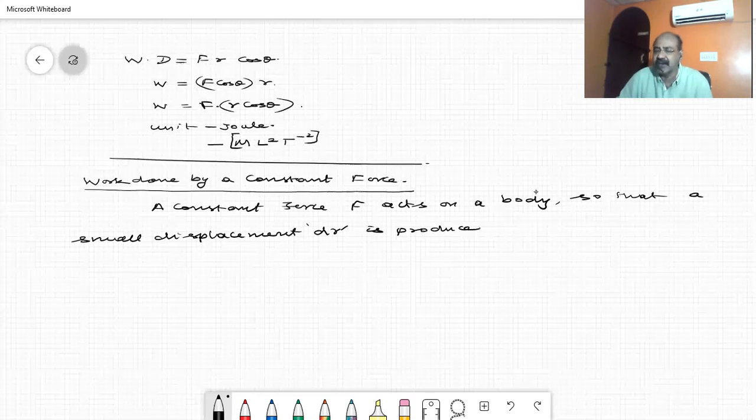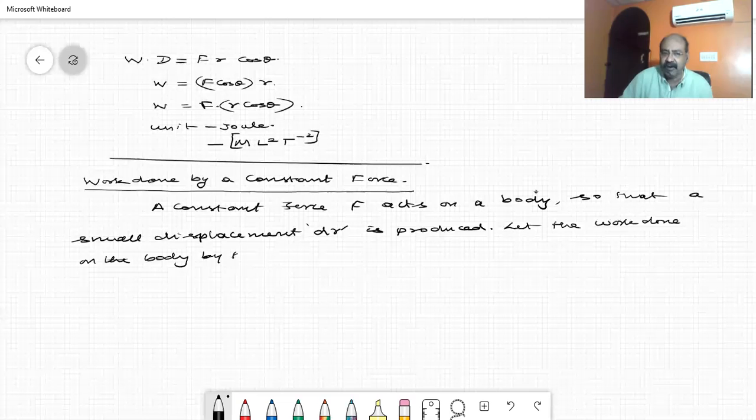For producing a small displacement dr, what is the work done? Let the work done on the body by the force be dW.